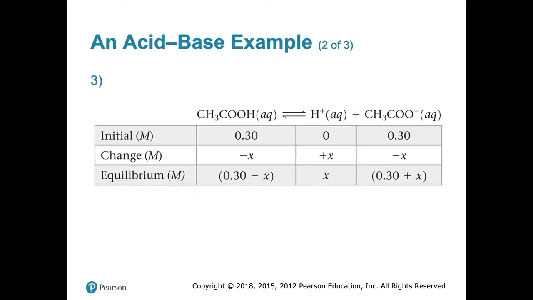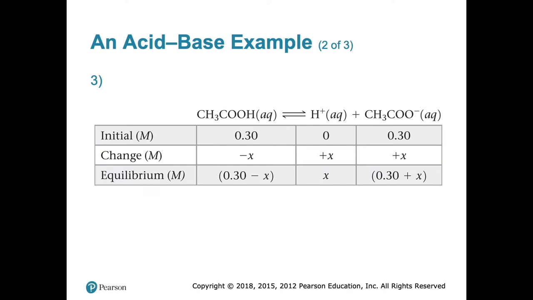Since we have a common ion now, instead of the ICE table being 0.3, 0, and 0, what do we have now that's different? It's going to have 0.3 here as well for the acetate ion.